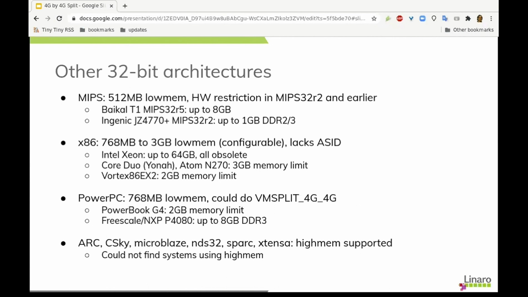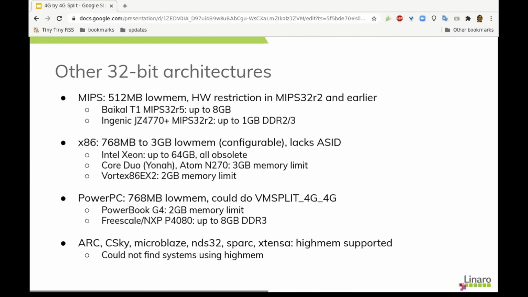For x86, as I said, there were large NUMA systems in the past, but they are basically all gone now. And the only things that I found that would be relevant for x86 are round about 2006 to 2008 era netbooks and 32-bit laptops that have up to 3 GB.